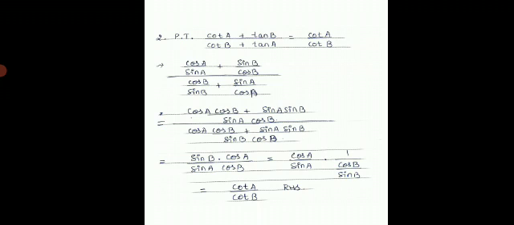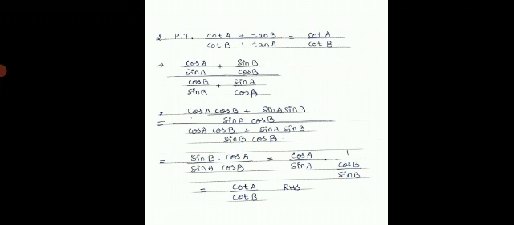That is, cot A can be written as cos A upon sin A plus tan B can be converted into sin B upon cos B, divided by cot B can be written as cos B upon sin B plus tan A can be converted into sin A upon cos A.